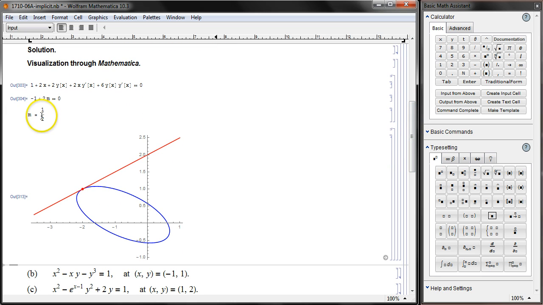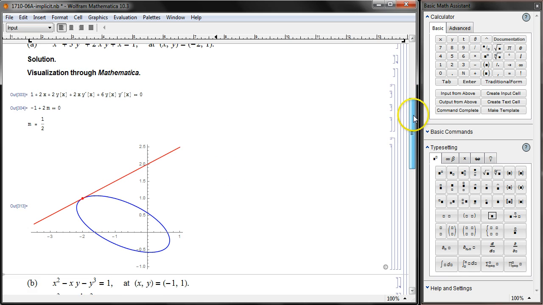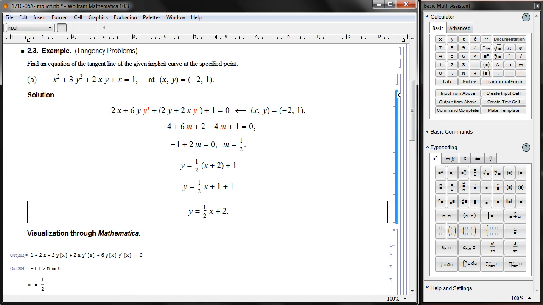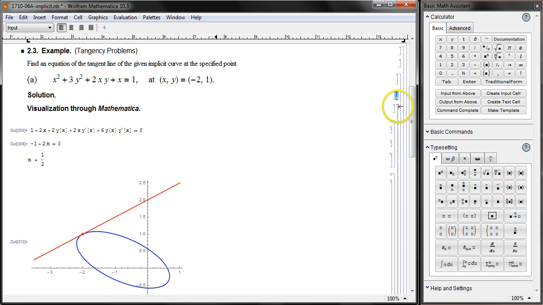So the slope is 1/2, and this is the graph, and the solution, the same thing we did before. Okay, let's move on to the next problem.